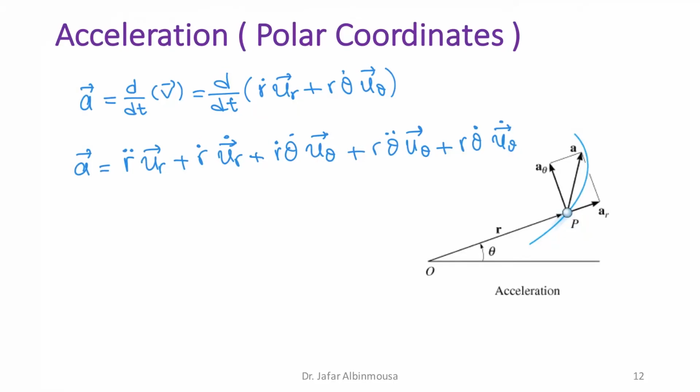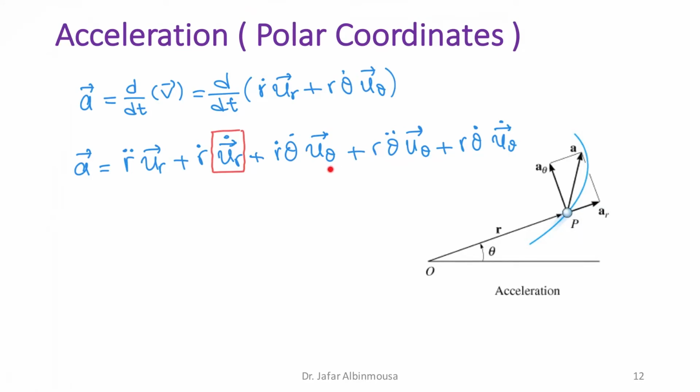Now let's inspect this again. r double dot is the second time derivative of the position, so this is the acceleration. This is the unit vector ur. This is the velocity because it's the time derivative of the position. This one is something we don't know; it is the time derivative of the unit vector ur. Moving on, this is again a velocity, but this one is theta dot, the angular velocity.